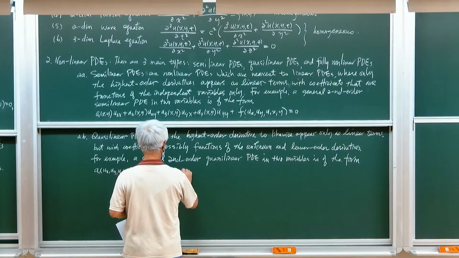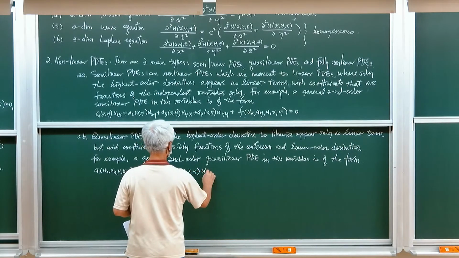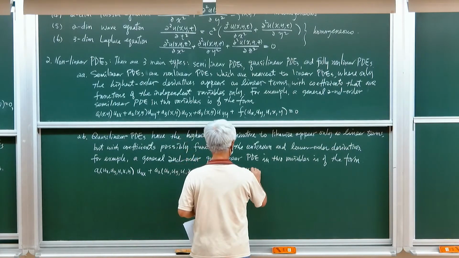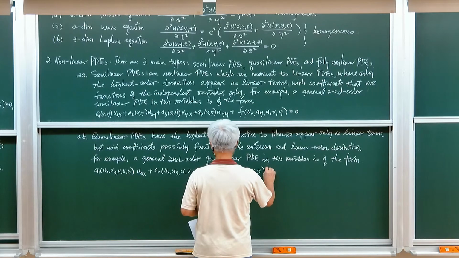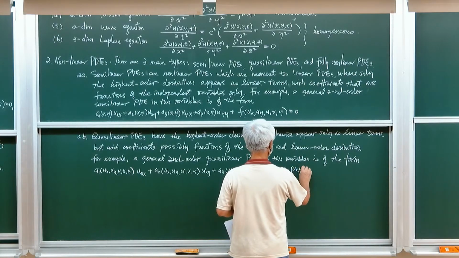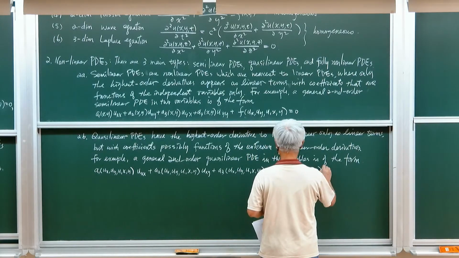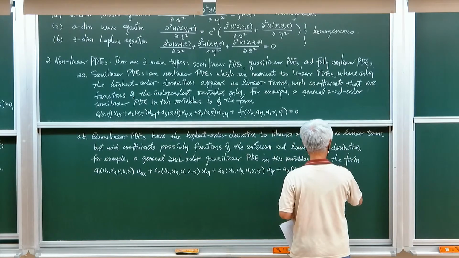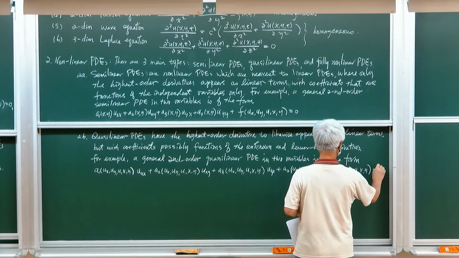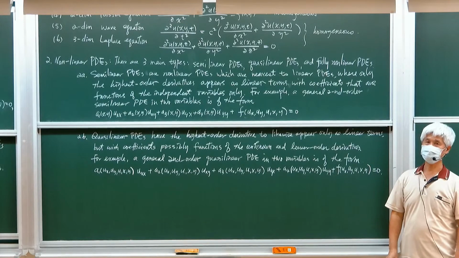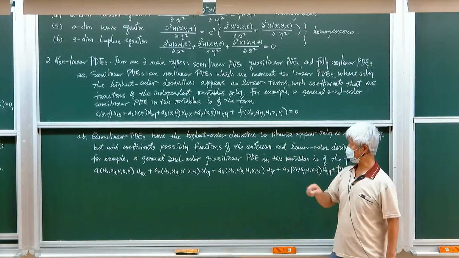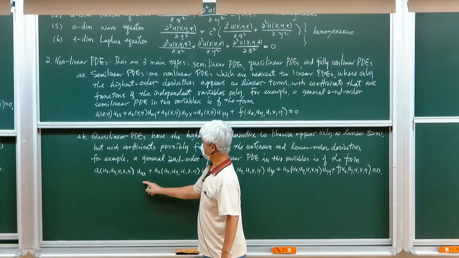Two first order partial derivatives and the zero order, and x and y, and a1 uxx plus a2 uxy plus a3 uyx plus a4 uyy plus f equal to 0. Okay. So the highest order derivatives appear linearly, because they are only of the first degree, right?